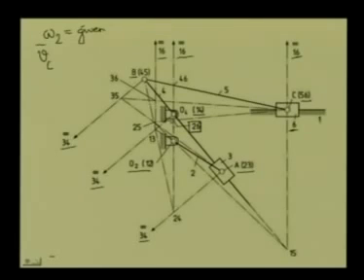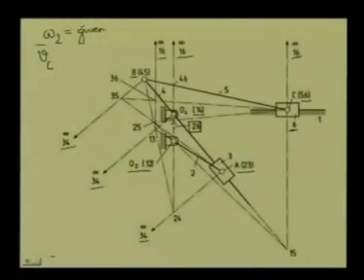which is lying here. Now, by definition, the velocity of this point, if I consider it to be a point on body 2 or if I consider it to be a point on body 6, must be the same. That is the definition of relative instantaneous center 2, 6. Because omega 2 is prescribed, I can find out the velocity of this point 2, 6.